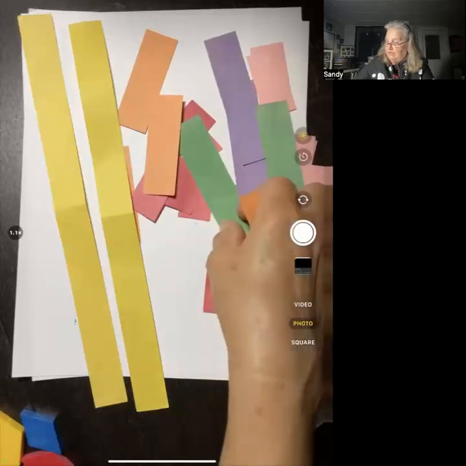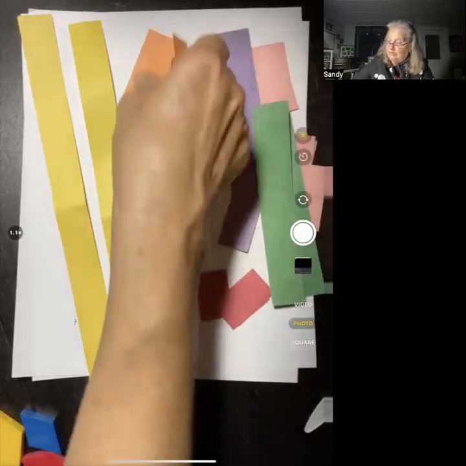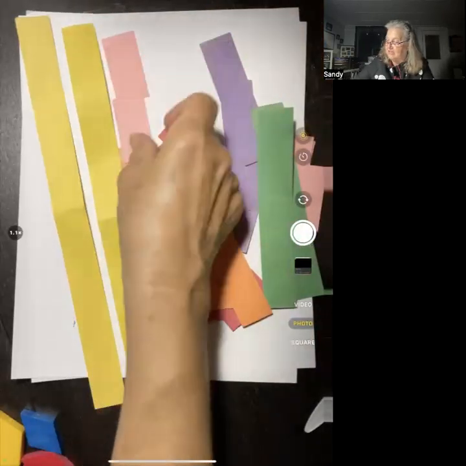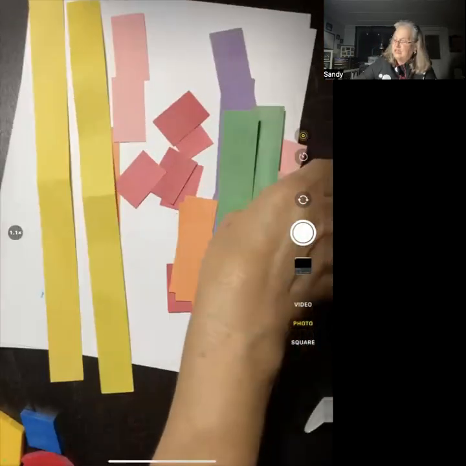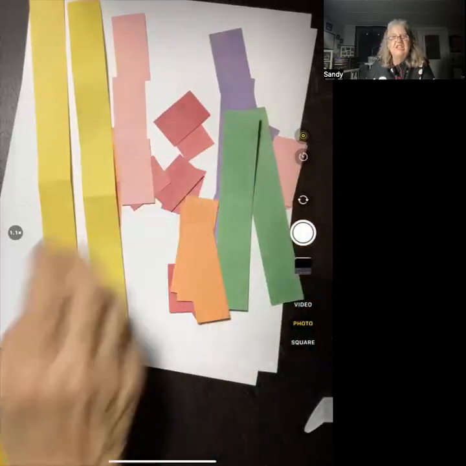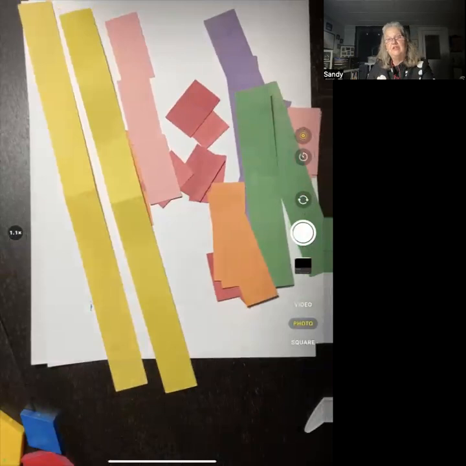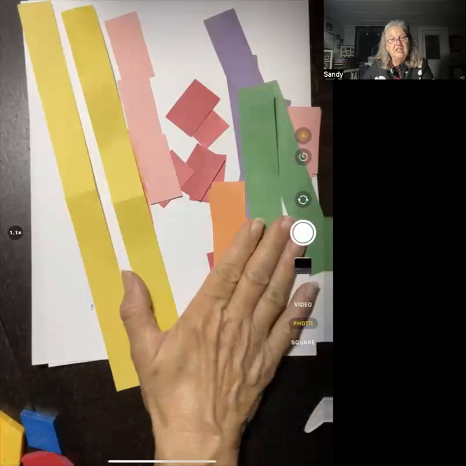Or I could make 2.5 with 2 of the yellow pieces and 3 of these pink pieces, because that would be 3/6. See, we start to look at equivalency. We're using that, but we're beginning by having your children construct fractional units using fraction kits.